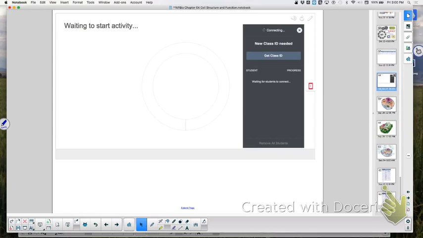I don't know why it's not connecting. I have no idea. It's working?